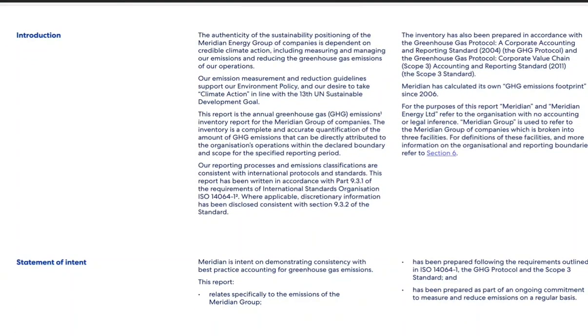So let us start from the introduction, till we have seen the inventory of all the quantitative data for the GHG emissions. In this report, the authenticity of the sustainability positioning of the company is dependent on credible climate action, which includes measuring, managing, and also reducing greenhouse gas emissions in the operations.